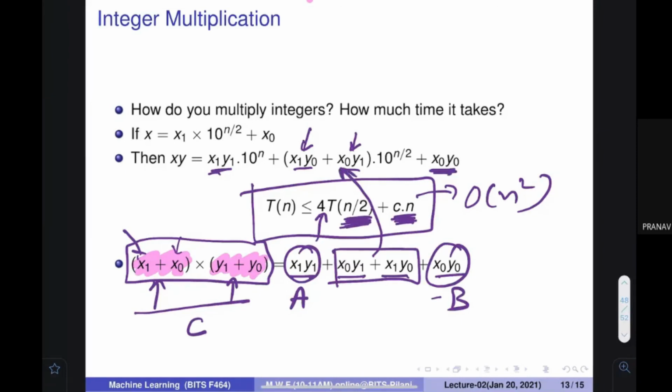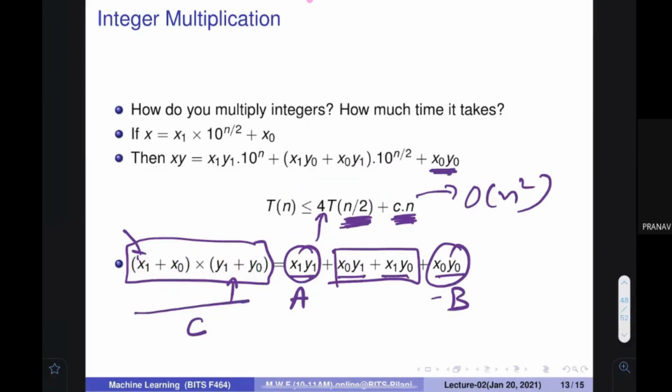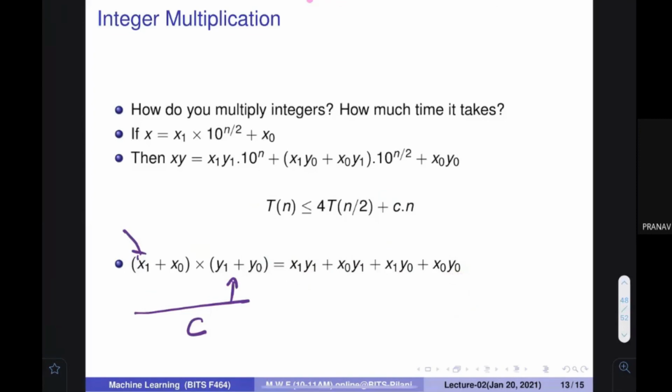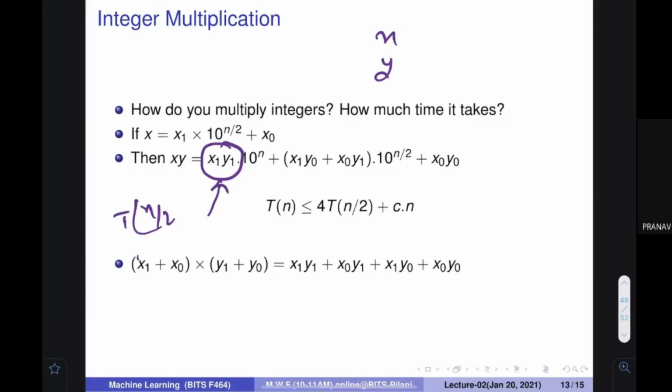Okay, once again let me tell you, don't get confused. Given x and y, x1 y1 takes order of T n by 2 time. Makes sense? Finding x0 y0 also takes T n by 2 time.